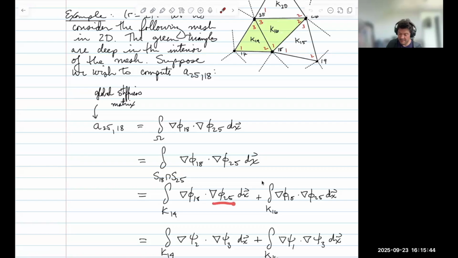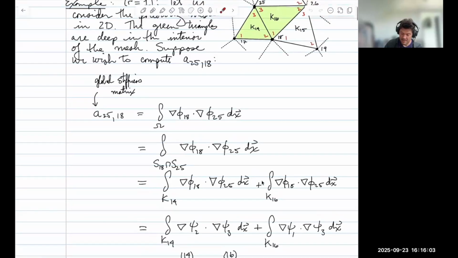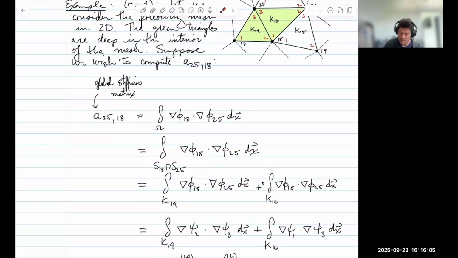What about for 25? For 25 on K14, that's this node here. And so it's corresponding to the local Lagrange nodal basis function psi 3 because of this number 3. Now going to K16, 18 is going to be the local node number 1.